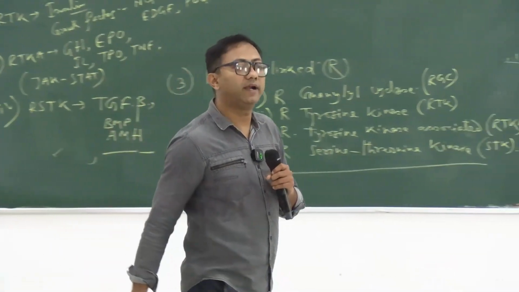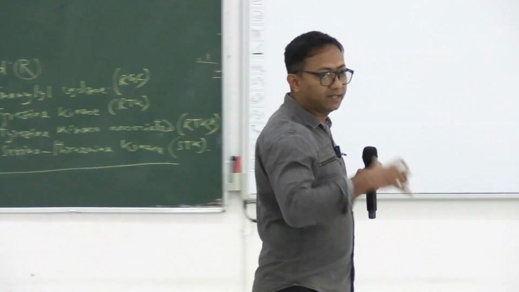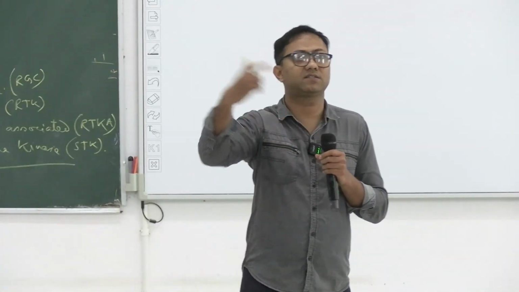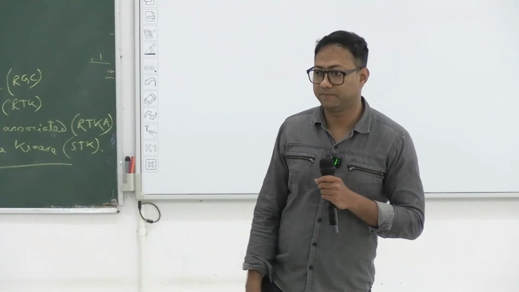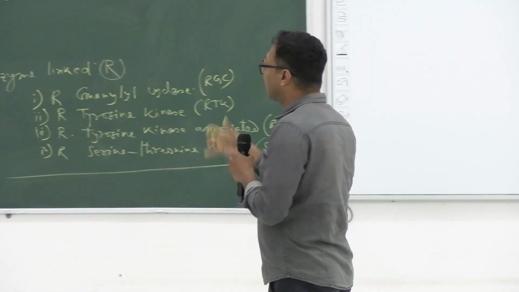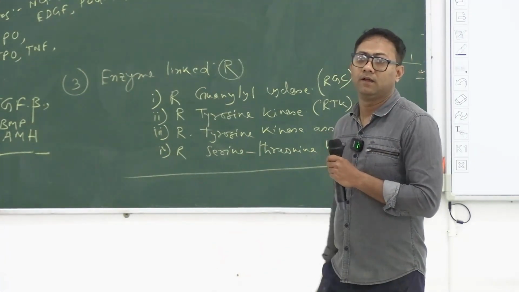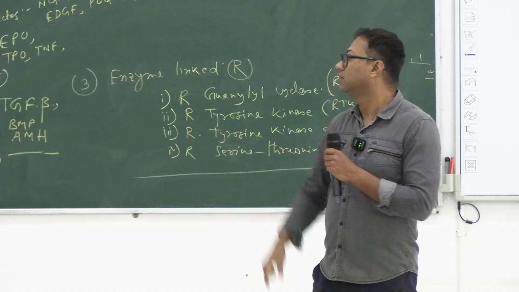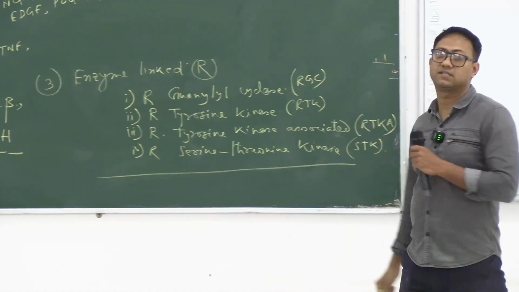Do you know what anti-Mullerian hormone is? It causes agenesis of the Mullerian duct, so that the fetus is a male. So the anti-Mullerian hormone acts through receptor serine threonine kinase.